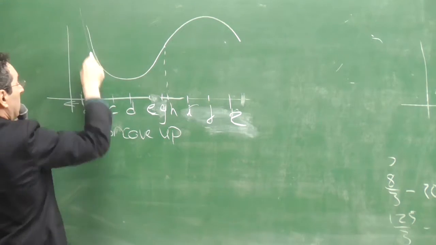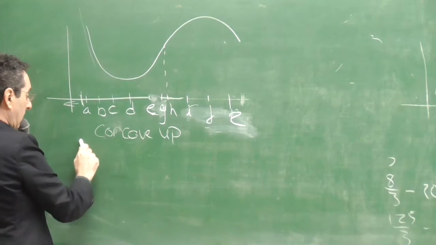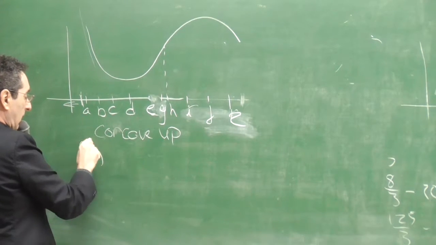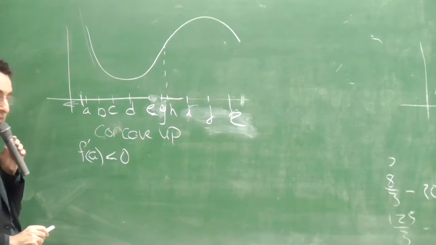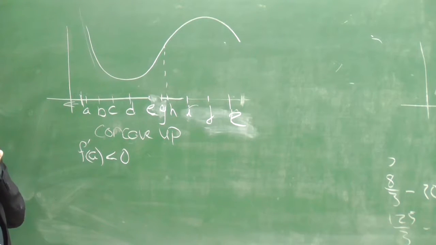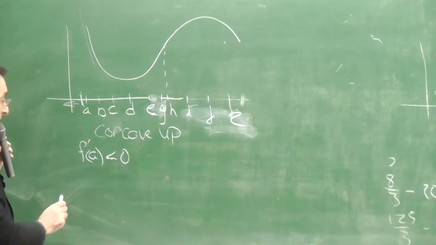Oh, it's negative, right? The slope is negative. So we can say f prime of A is less than 0. Does everyone agree with that? How about at B? It's also negative, right?